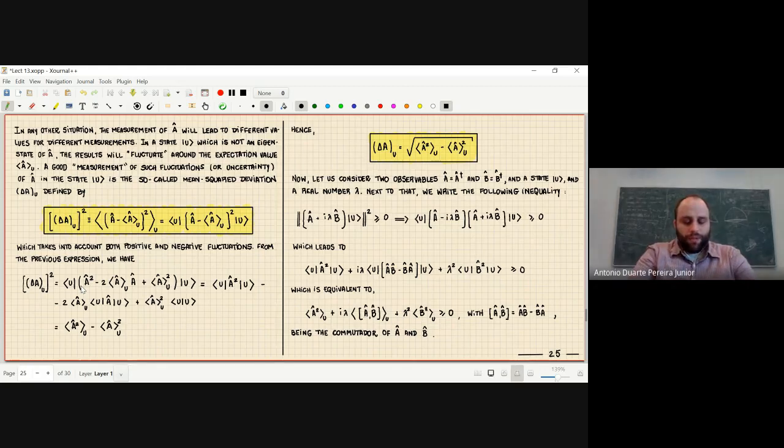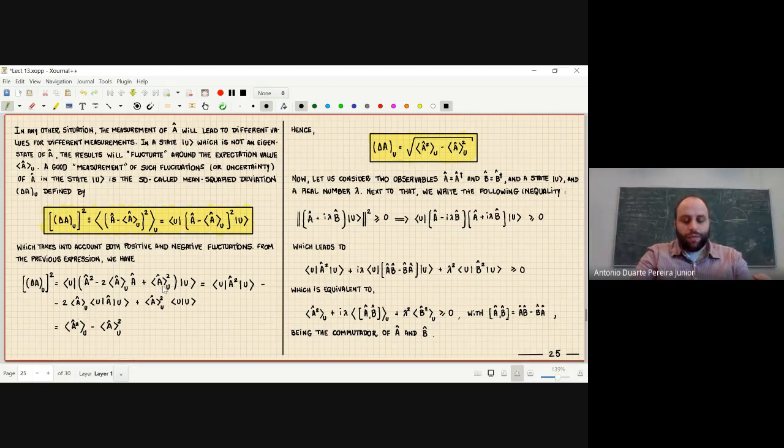The first term will be bra u, A hat squared, ket u. So this gives this term. The second term will be minus 2, which I can pull out of my scalar product, the expectation value of A hat, which is also a number, so I can pull it out. And then I'll have the expectation value of u, A hat u, and then I get the second number.